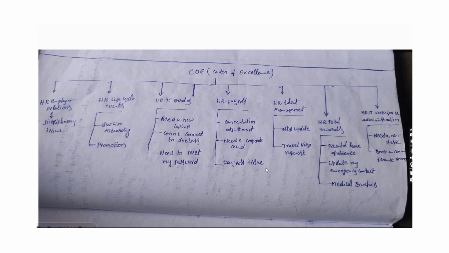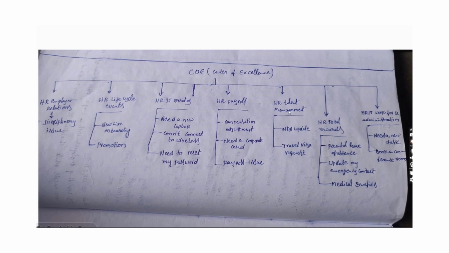And payroll issues: is there any issue regarding payroll? For example, if they are working under a third party payroll and their salary is not credited within the timeline, how do we raise the case? They raise the case for the HR payroll services. So these are all the categories.